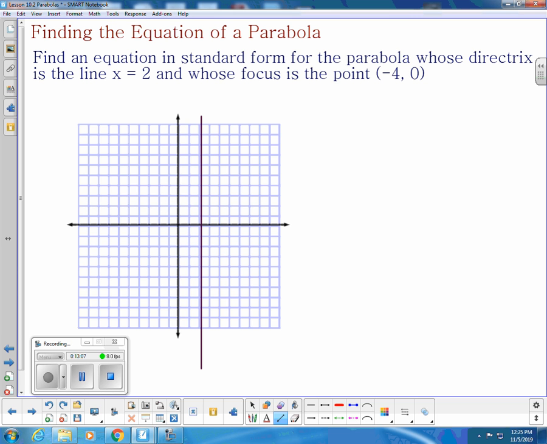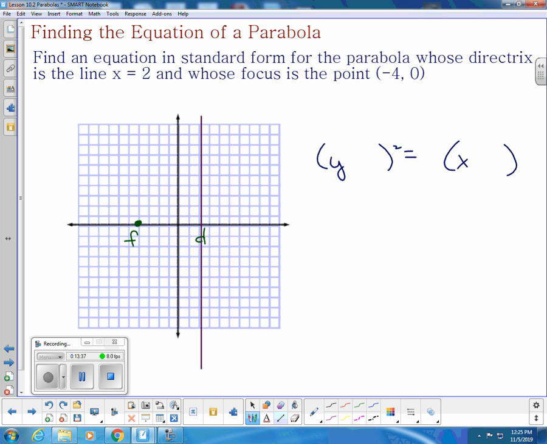Is it up and down or left to right? It's got to be left to right, yeah? So I know already that my y is going to be squared, just from knowing the directrix is going up and down. The focal point is -4, 0.